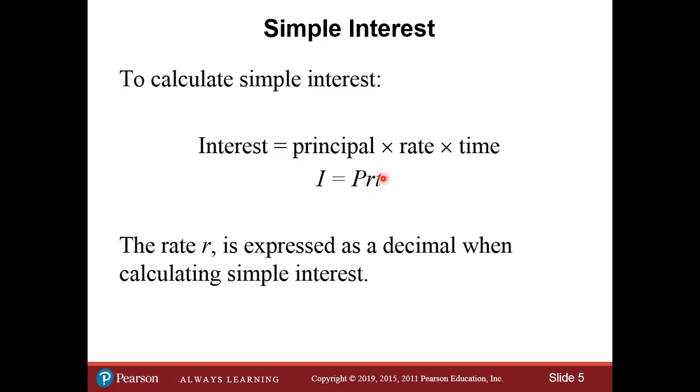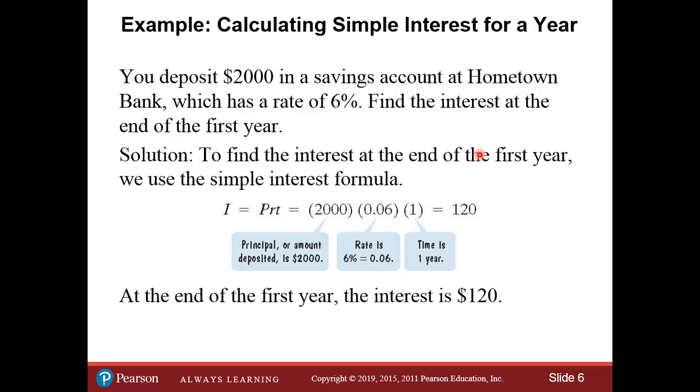Be careful because sometimes they'll give you the rate and the time in two different units, and you'll have to make them match. Otherwise you'll get the wrong answer. So it's interest equals PRT, principal times rate times time. And these are usually in annual terms. So the rate is usually annual, and this is usually number of years.